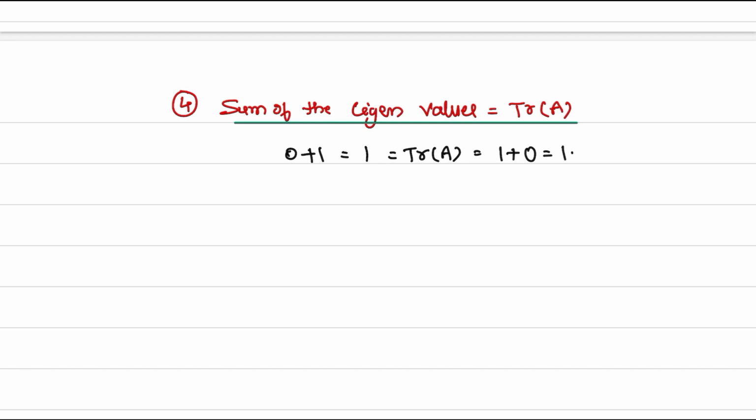Now, next, is it a symmetric matrix? Yes, the elements below the principal diagonal and above the principal diagonal are the same. What is the matrix here?